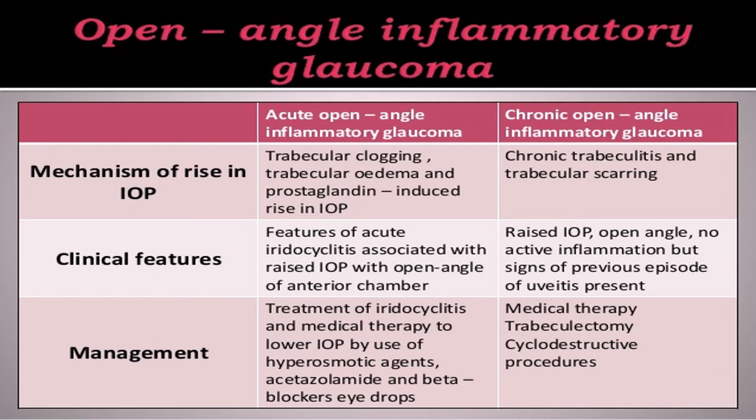If the patient is still not responding, you have to go for the cyclodestructive procedure, where you are icing the ciliary body. By cryo, you are giving a very low temperature, and icing is done of the ciliary body, thus the function is stopped.